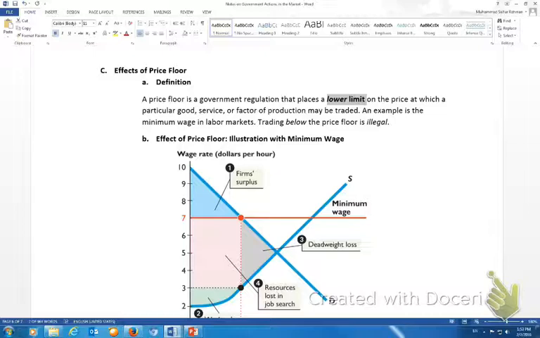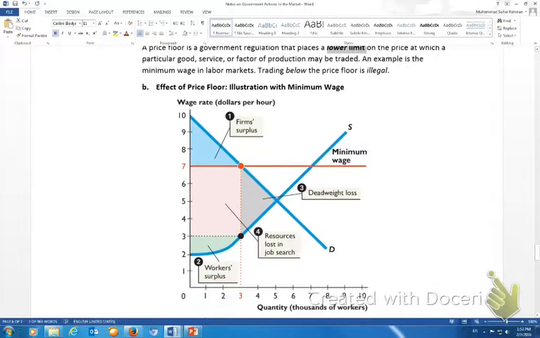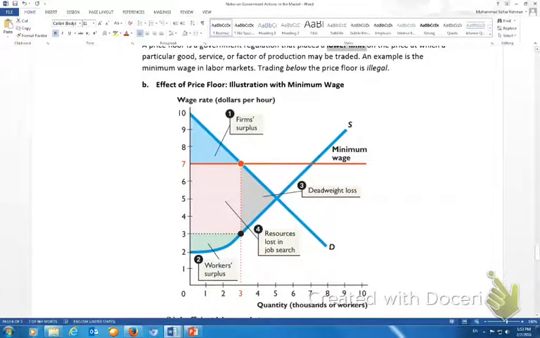Let us now try to understand the effect of price floor in the context of a market with a minimum wage law. Okay, so again, imagine that the original market demand and market supply was the blue one.